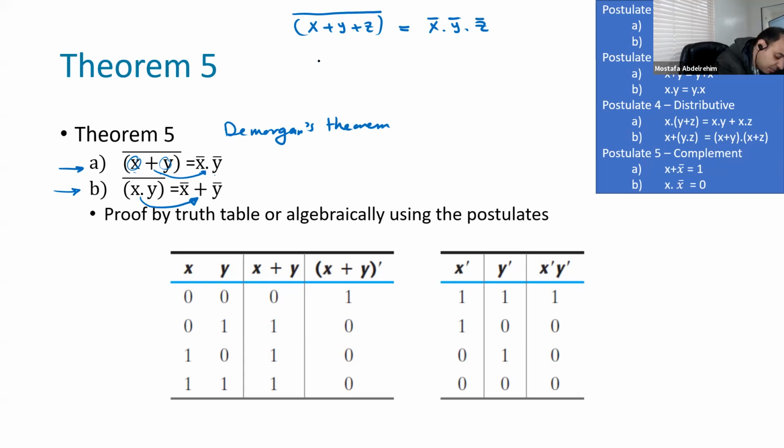Okay, and similarly, x and y and z with complement is x or y or z and distribute the complement. And you can do that for 4 variables, 5 variables, whatever. Okay. Again, the proof is long in algebraic form. We're gonna use a lot of the theorems, especially theorem 6, which is this one, the absorption theorem.